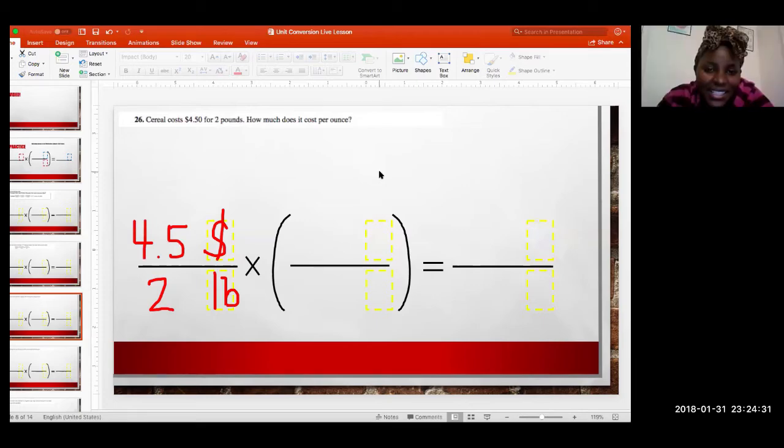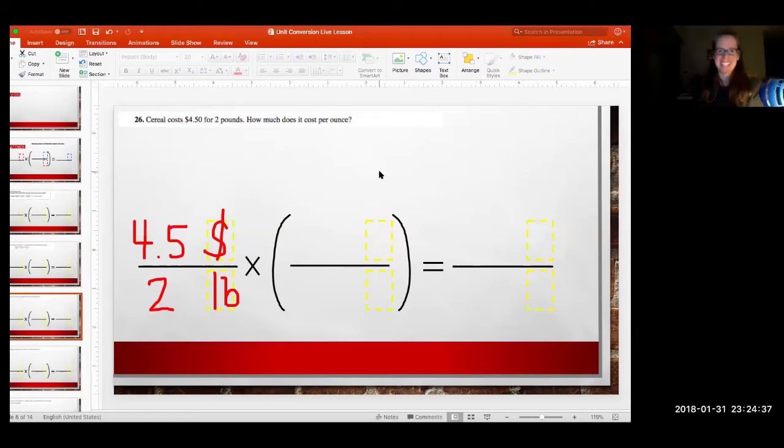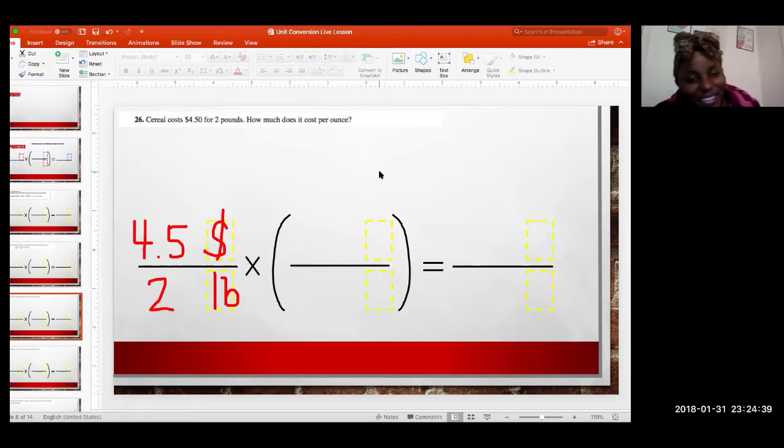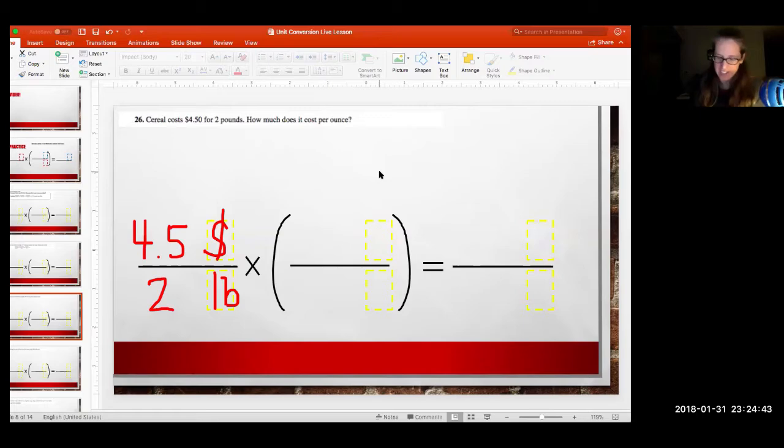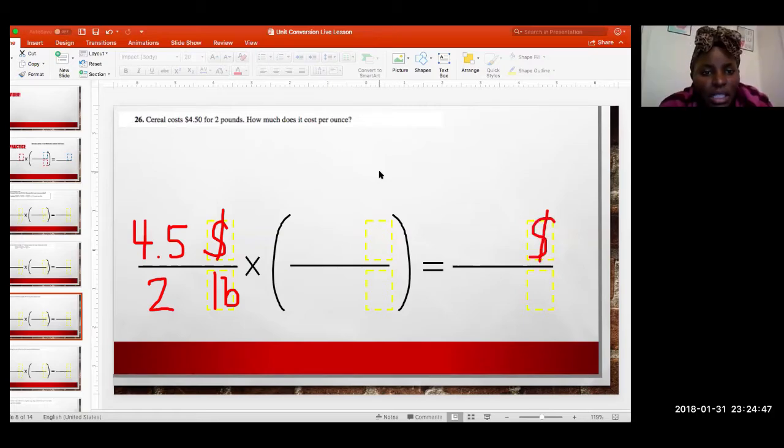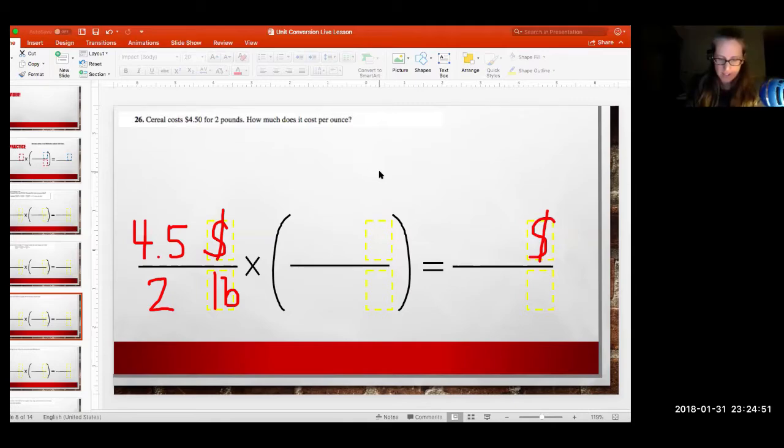How much does it cost per ounce? Per ounce. Good. Okay, so it's dollars on the top, right? Dollars on the top, and then the pound at the bottom. We want ounces.